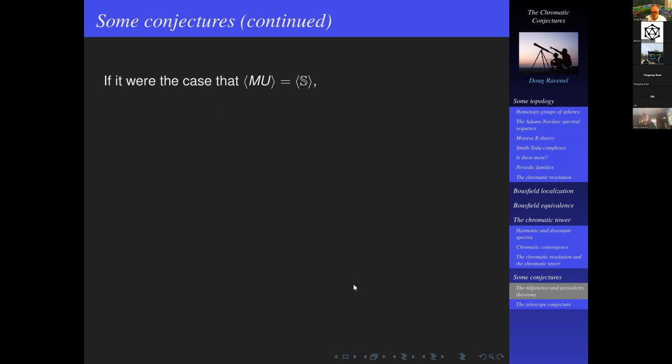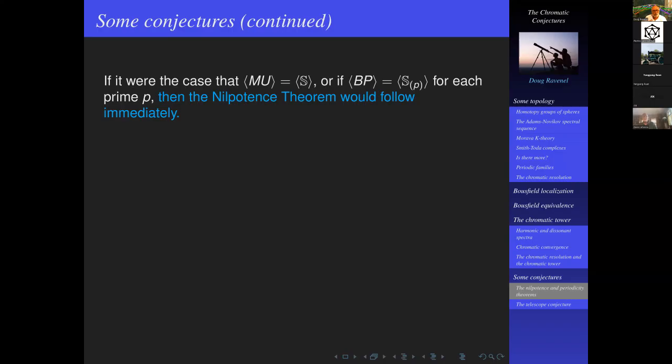The nilpotence theorem would follow immediately if the Bousfield class of MU was the same as the Bousfield class of the sphere. In other words, if MU sees everything, then the nilpotence theorem that I just mentioned would follow immediately. However, this is not the case.